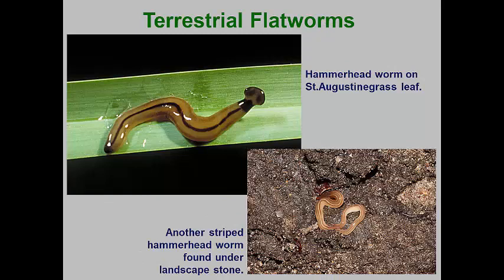Terrestrial flatworms used to be found only in southern states, but they are now often found in more northern locations. To many people, they look a bit like a small flat slug or unusual flat earthworm. They are neither. These are much more primitive animals that are related to the freshwater planaria.